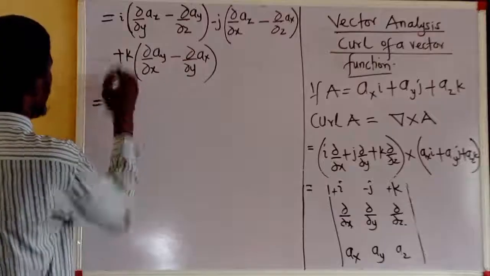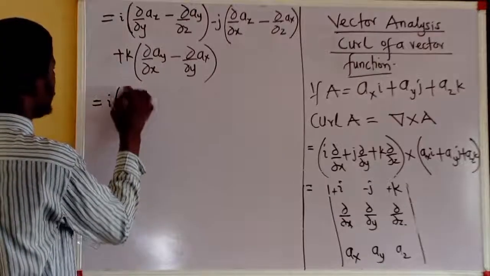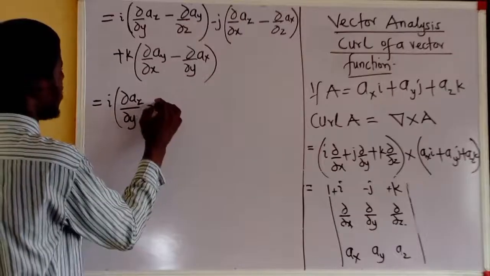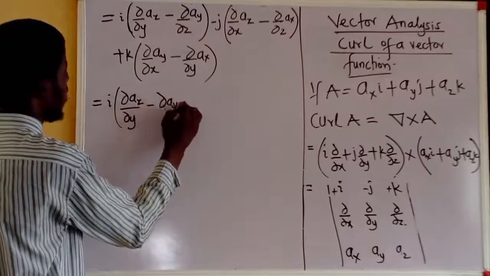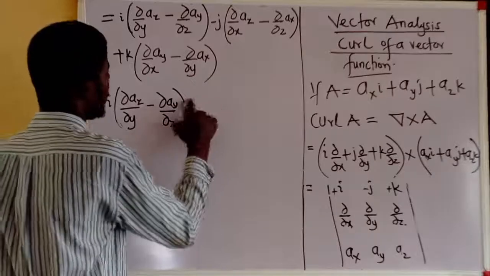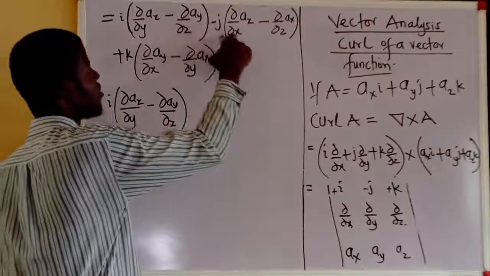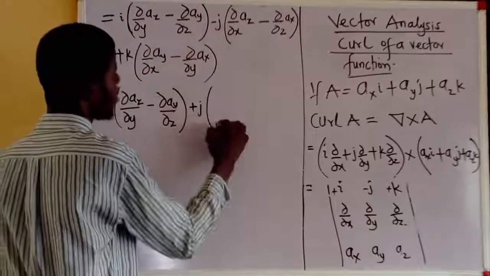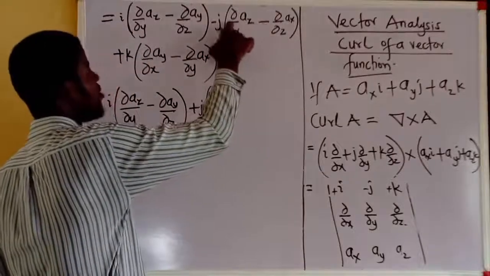So we have i into the partial derivative of Az with respect to y minus the partial derivative of Ay with respect to z. If we send this minus into this bracket, we have plus j. This becomes plus and this becomes minus.